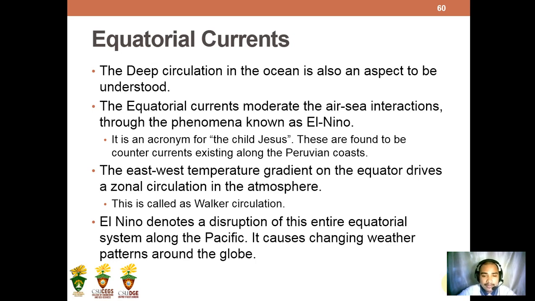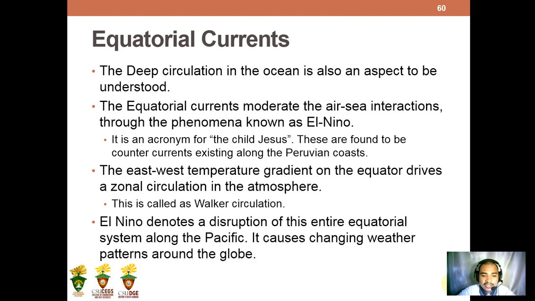The temperature gradient from east to west is what we call zonal circulation. And El Nino denotes a disruption of the entire equatorial system along the Pacific, and this causes changing weather patterns around the globe.